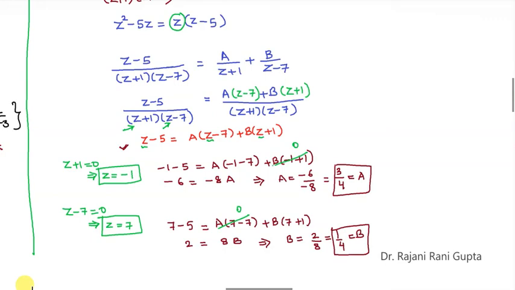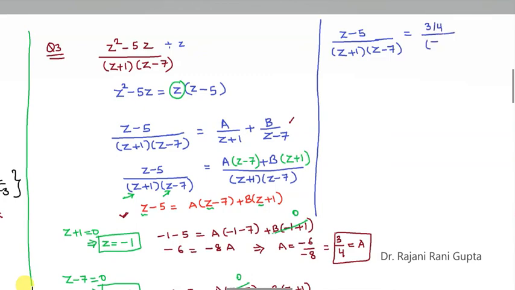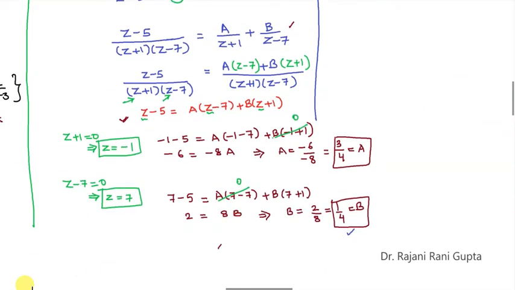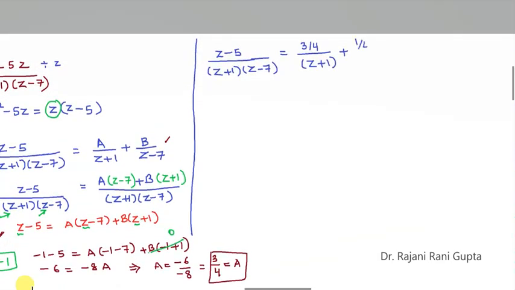Now after getting the values of a and b, substitute them at the very first place where we introduced a and b. So what will we get? We will get z minus 5 over z plus 1 z minus 7 is equal to a, which is 3 over 4, 3 over 4 divided by z plus 1, plus the value of b, which is 1 over 4, so 1 over 4 divided by z minus 7.